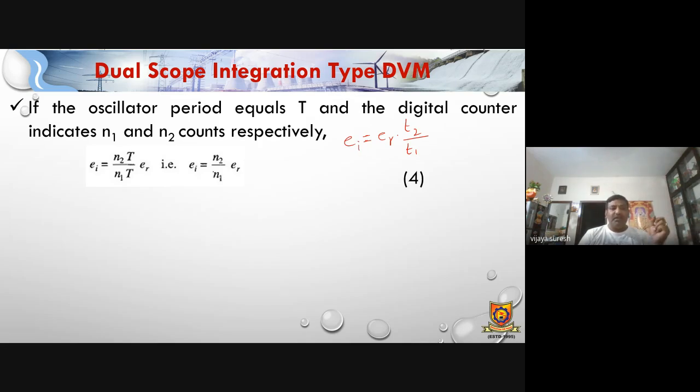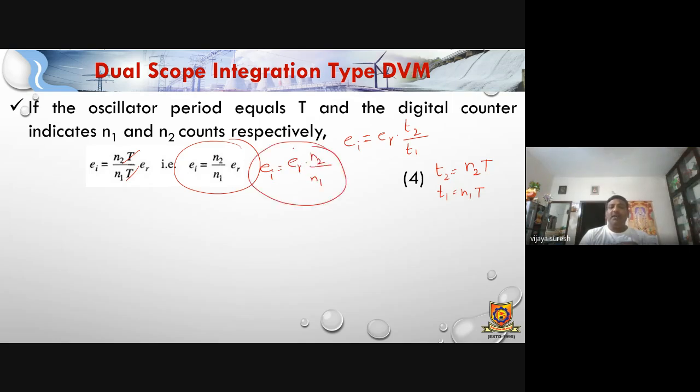T2 is nothing but N2 into capital T, and T1 is nothing but N1 into capital T. In total time T1 we have N1 pulses, and in T2 we have N2 pulses. Substituting, T will get cancelled, so Ei is equal to Er into N2 divided by N1.